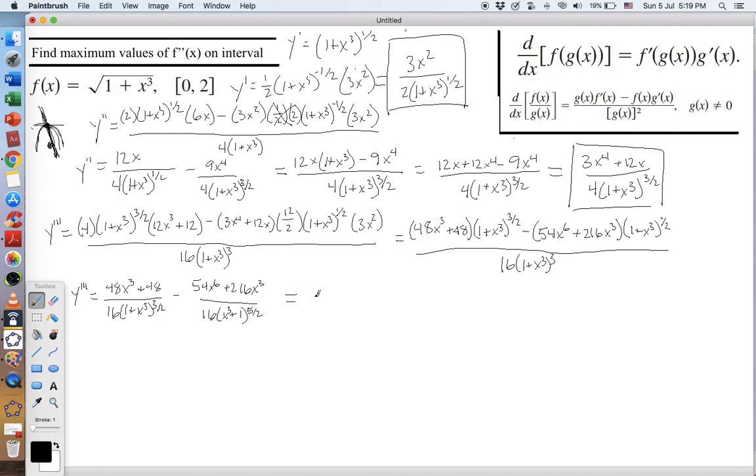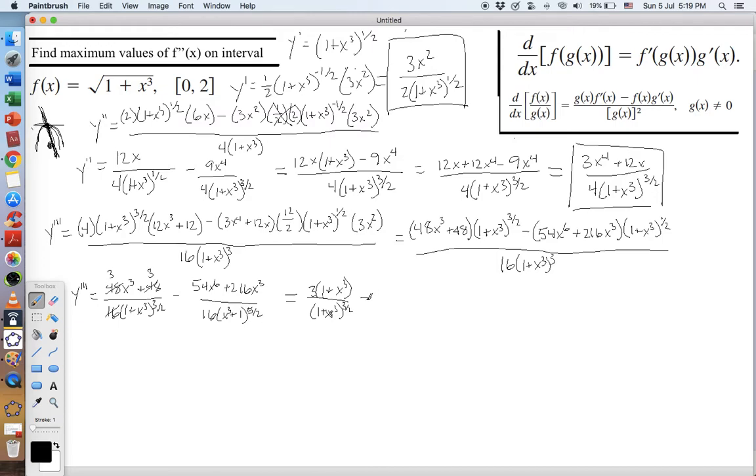Continue simplifying. So again, we can get rid of the 48 and 16 here. We've got a 3 and a 3. And then we can actually pull that 3 out, and we get 1 plus x cubed. That's very convenient because that is also on the bottom. And then we can use that later to further simplify. 1 plus x cubed raised to the power of 3 halves still.